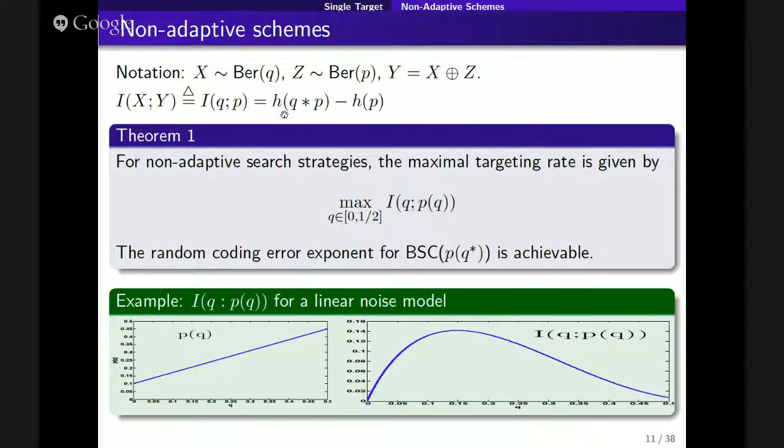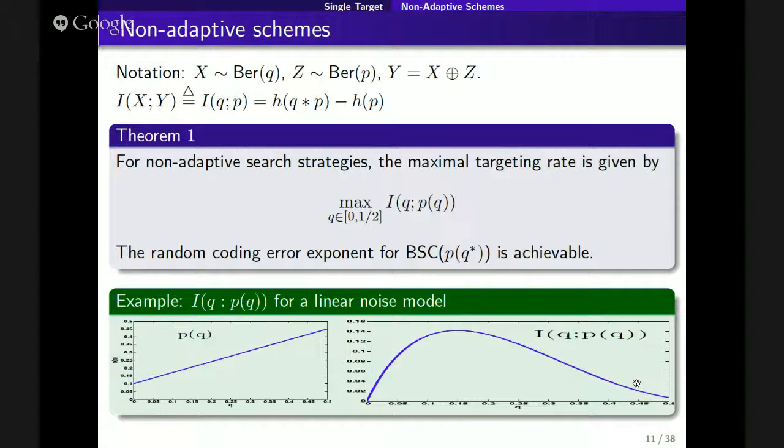But in our case, the P here also depends on Q. So for example, if the noise function is linear, this is how this mutual information will look as a function of Q. So no more the nice concave function we know of the mutual information as a function of the input distribution. We get this here.